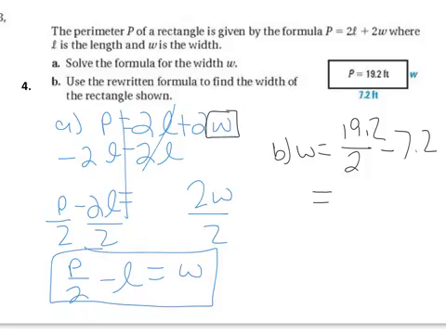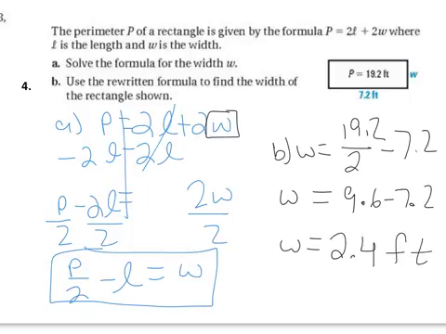So you get W equals 9.6 minus 7.2. And you would get that W equals 2.4 feet. Don't forget to label. Okay, let's take a look at some word problems now.